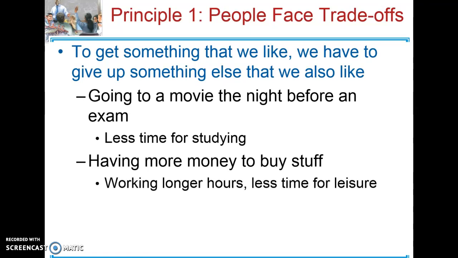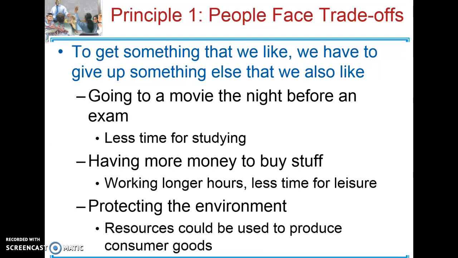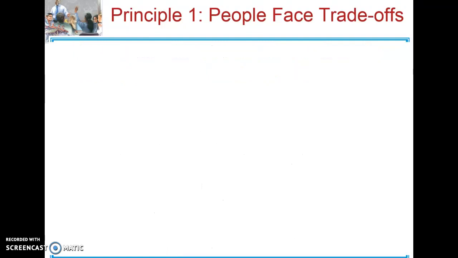Having more money to buy stuff means that you're going to have to work longer hours and you'll have less time for leisure or for fun stuff. Protecting the environment means that resources that could be used to produce consumer goods are given up, or a portion of those are given up.